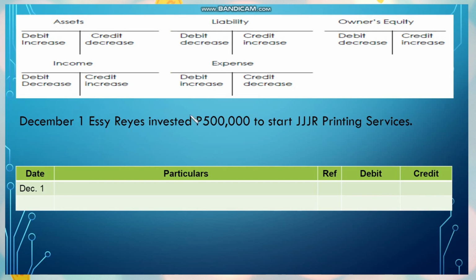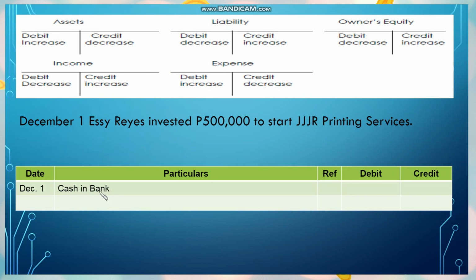And then since the business received $500,000 in cash, and cash is an asset, that means the asset increased. So we record it on the debit side. So we debit the account title cash in bank.